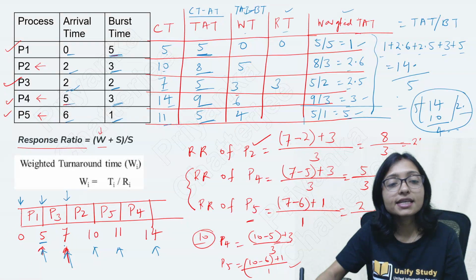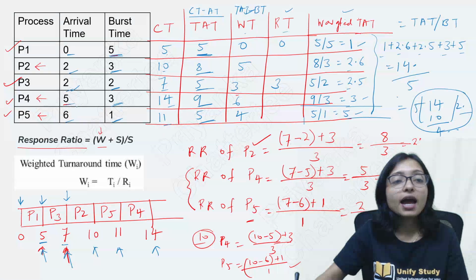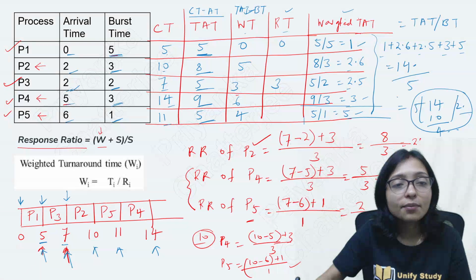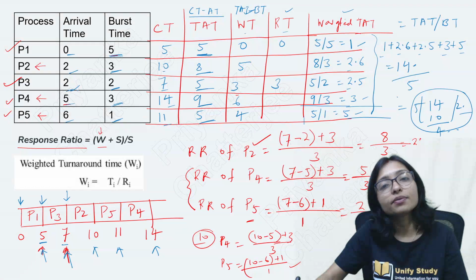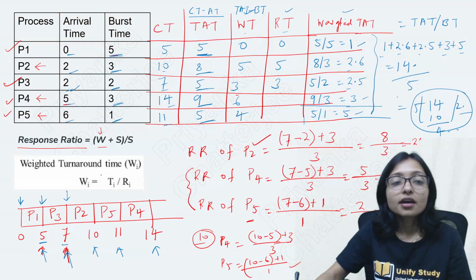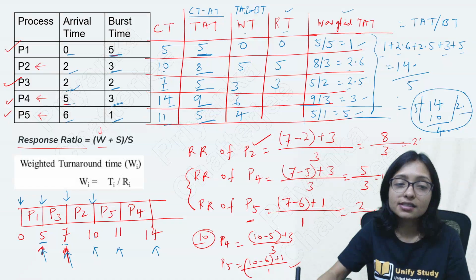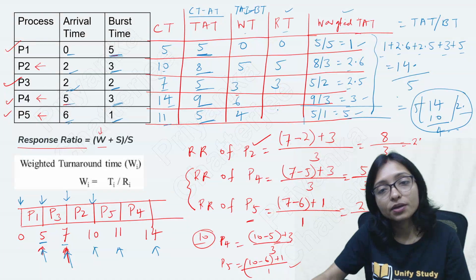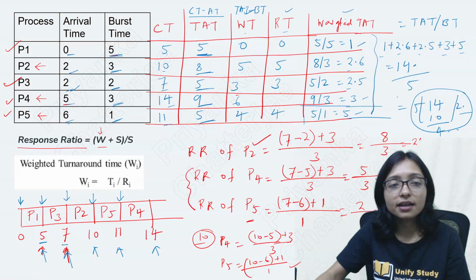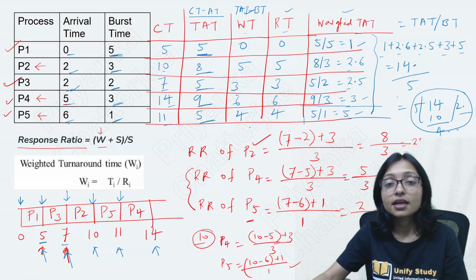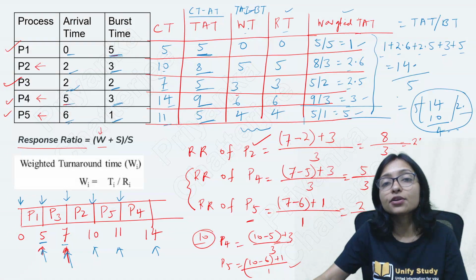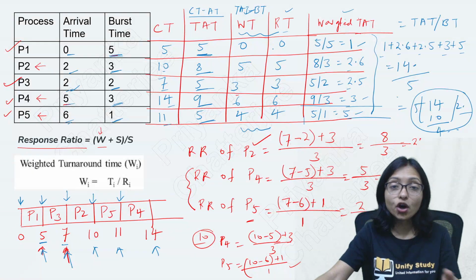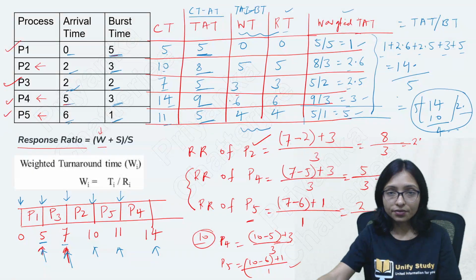P2 is getting chance at 7 and arrival time is 2, so it will be 5. Here P5 getting chance at 10 and arrival time is 6, so it will be 4, and this one is 11, 11 minus 5 is 6. You are not getting any difference in waiting time and response time because it is non-preemptive version.